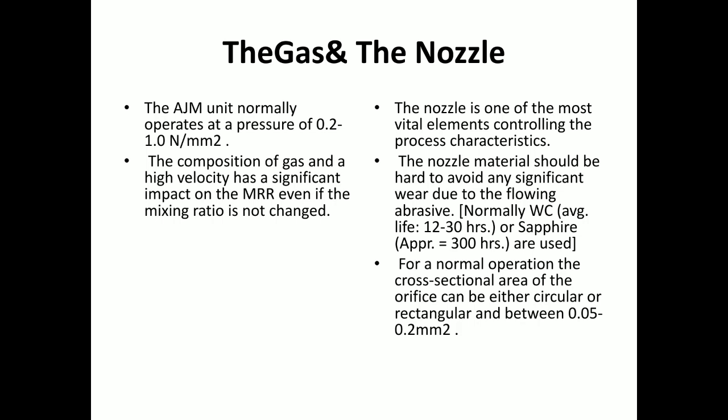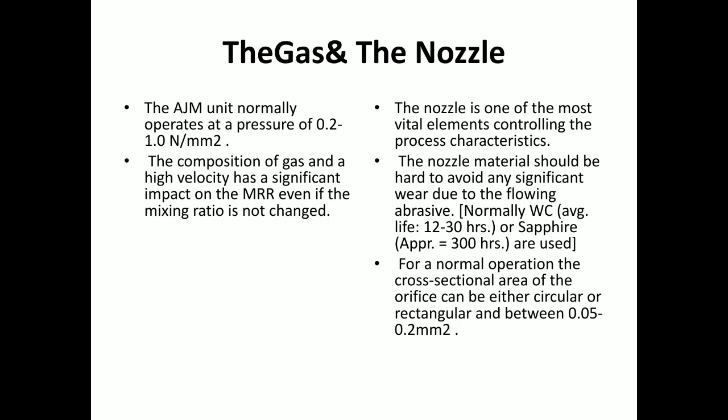So the process will be affected by the nozzle we select. A long duration of operation of a nozzle will be with sapphire, and a low duration of operation will be with tungsten carbide. So according to the cost, we select the material for the nozzle.